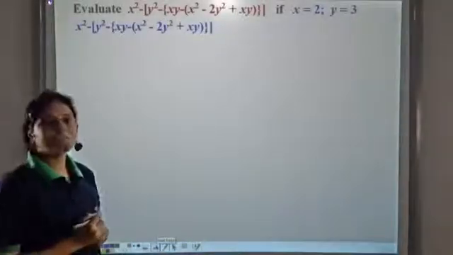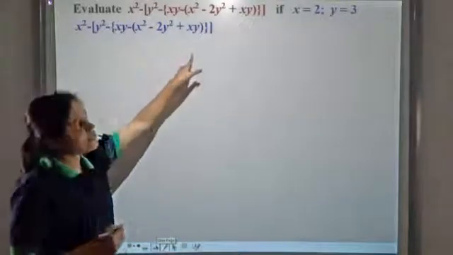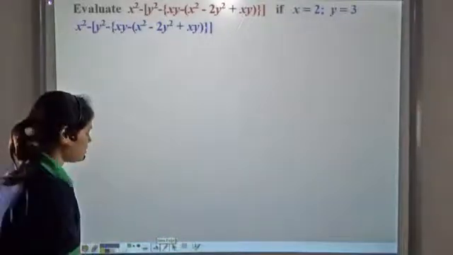So let us first substitute the values of x and y in this.